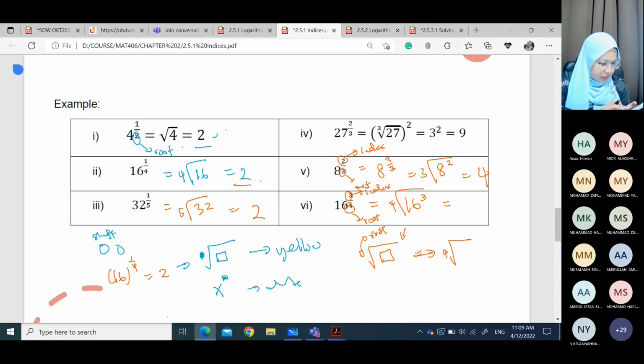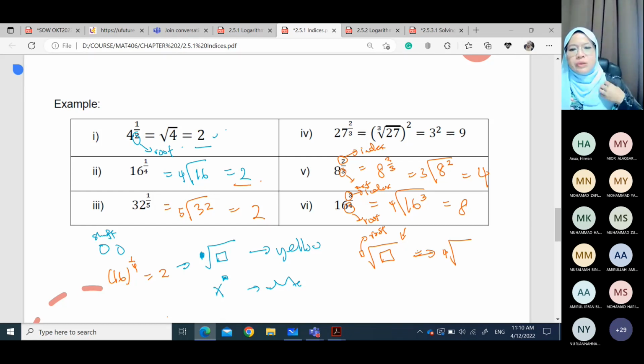Inside here we have 16 to the power of 3. So press equal, we have 8. Jawapan dia 8. Okay.